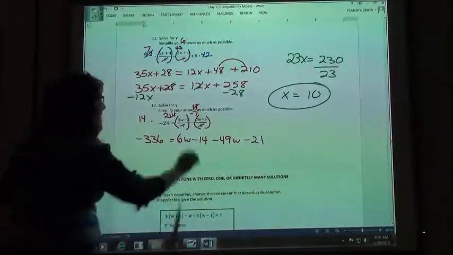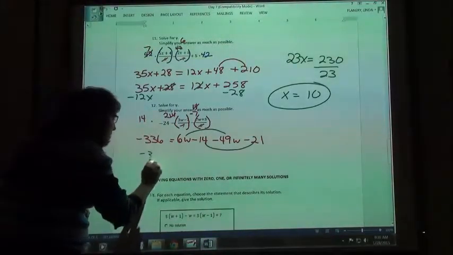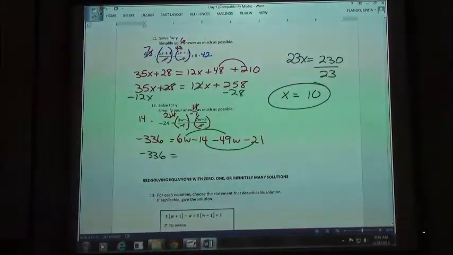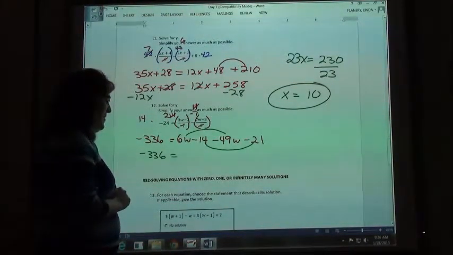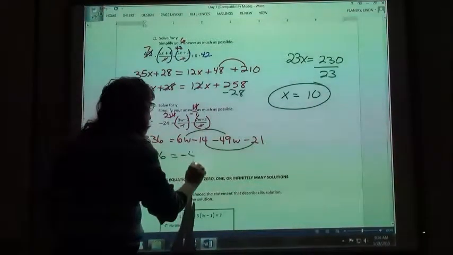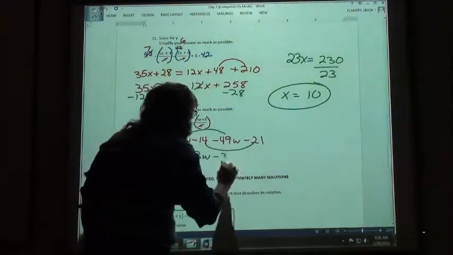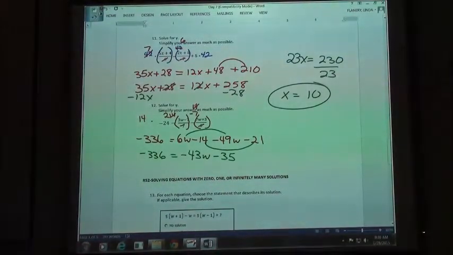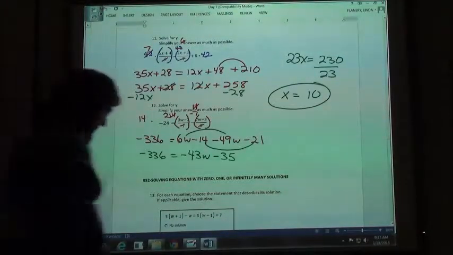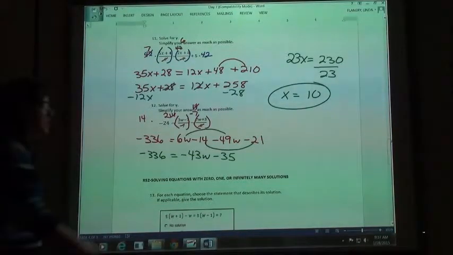Combining my like terms then, if I put my w's together and my numbers together over here on the right side, negative 336 is going to equal what over there? Negative 43w minus 35. I want to solve that for w. The next thing I probably want to do is add the 35.